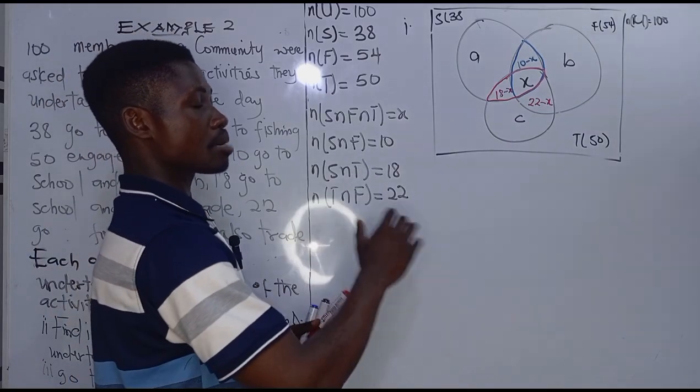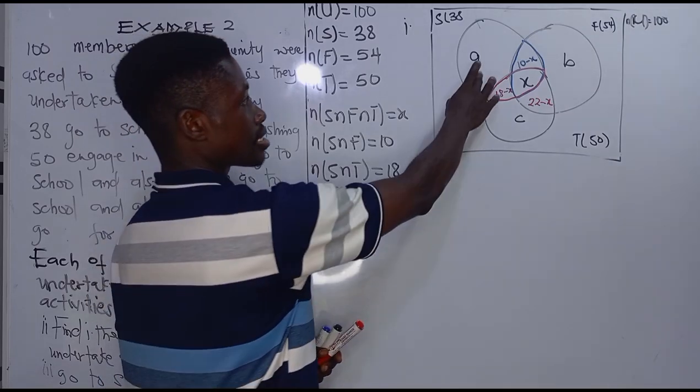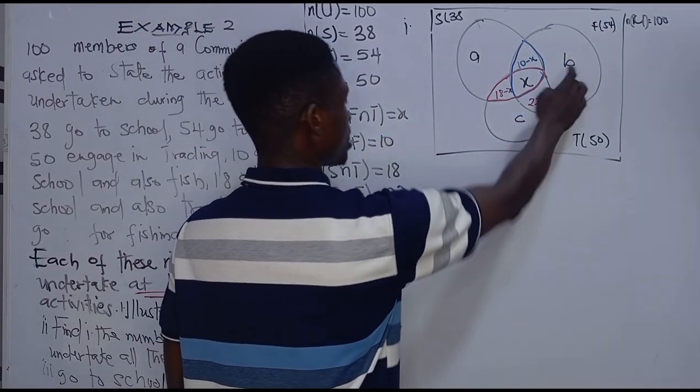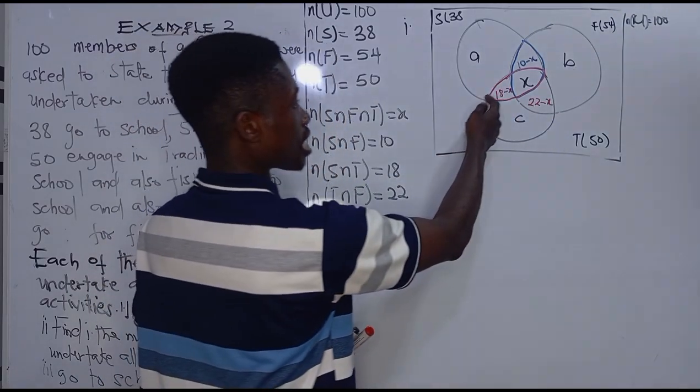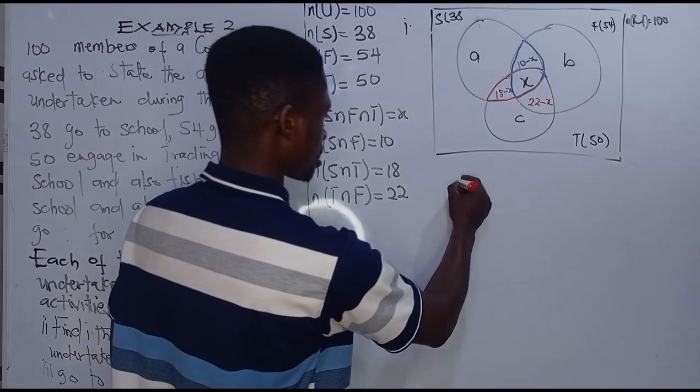But before we can sum up the regions and equate it to the universal set, we need to find this region, and then this region. So we know that when we sum all these regions in school, it is equal to 38. So let's do that.